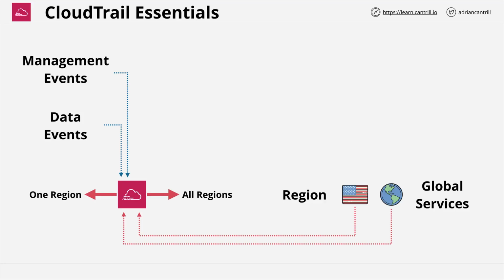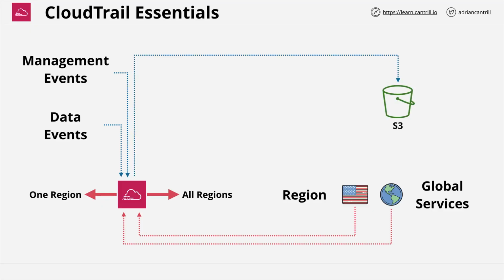Now remember that the CloudTrail event history is limited to 90 days, but when you create a trail, you can be much more flexible. A trail, by default, can store the events in a definable S3 bucket. And the logs which are generated and stored in an S3 bucket can be stored there indefinitely. You're only charged for the storage that's used in S3.